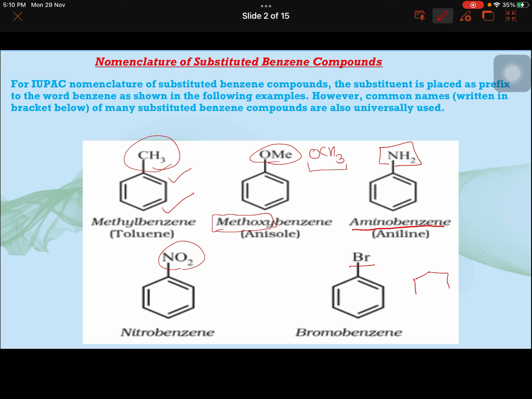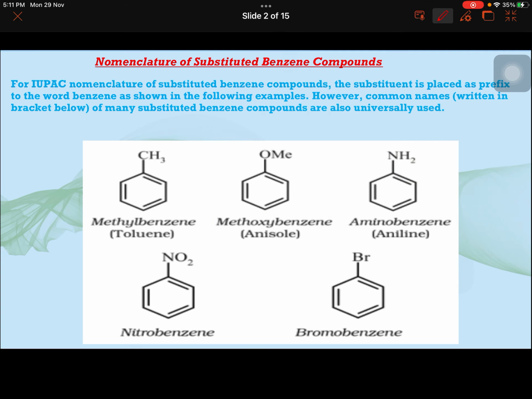Same way, if I take chloro, it becomes chlorobenzene. So whatever atom or group you are putting on benzene on any carbon, that will decide the name. So benzene is always written in the end, as you can see in all of them, because that is the parent compound and these are the substituents on it.